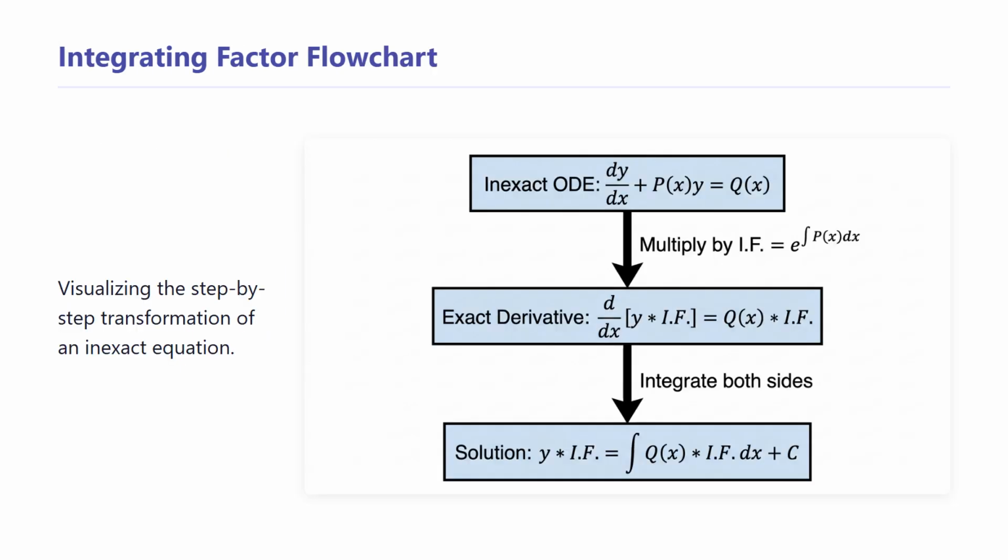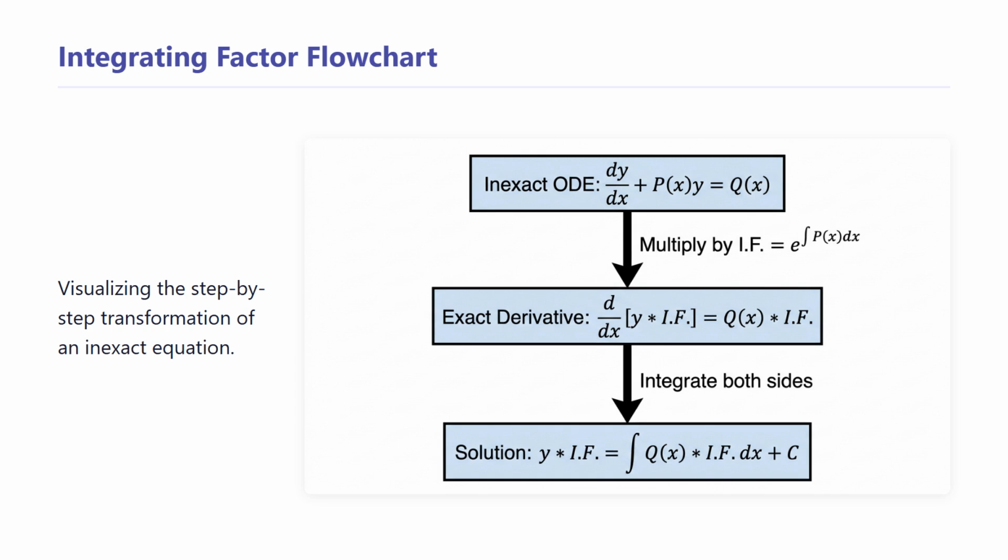Now that we have solved a real-world problem, let us visualize the entire process we just learned. This flowchart summarizes the integrating factor method perfectly. At the top, we start with our inexact ordinary differential equation in standard form. The first major step, shown by the downward arrow, is to calculate and multiply by our custom integrating factor.